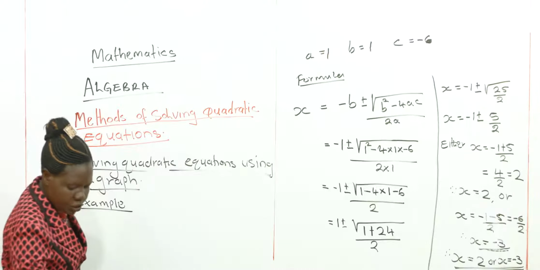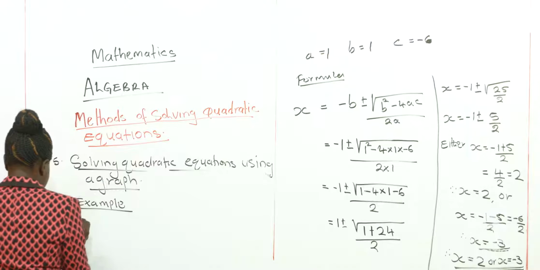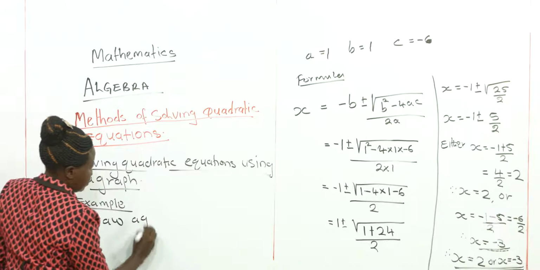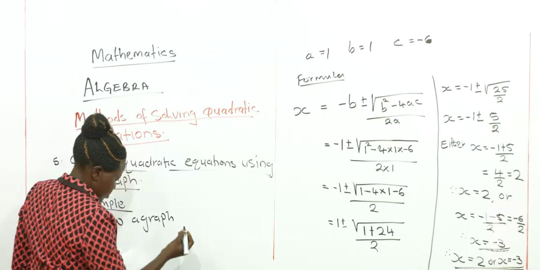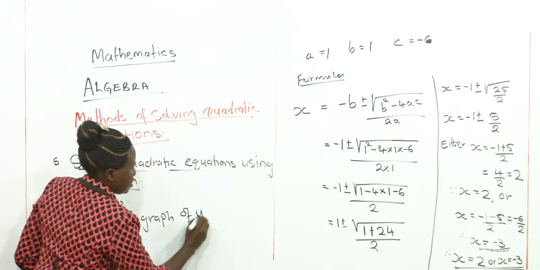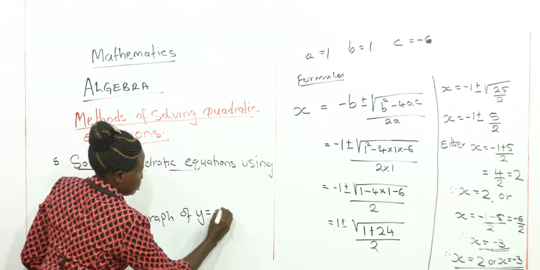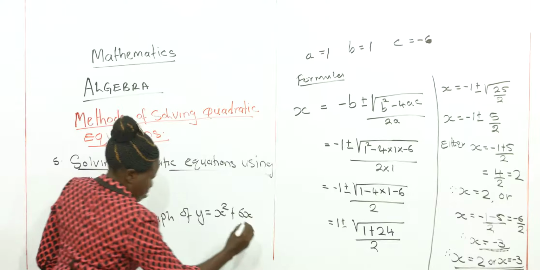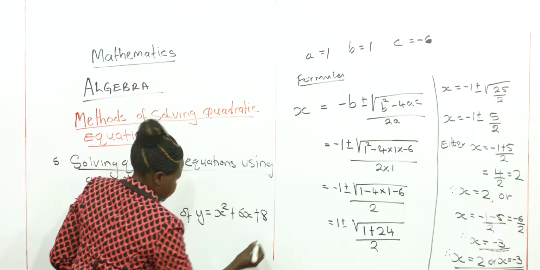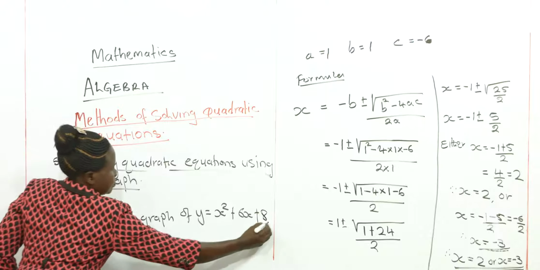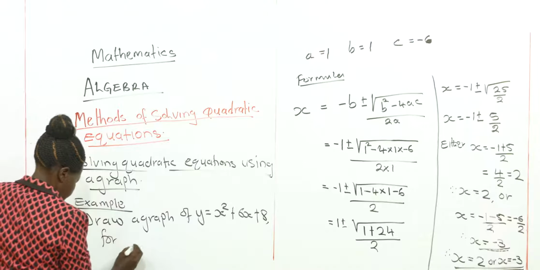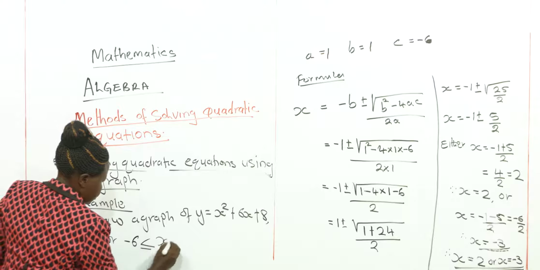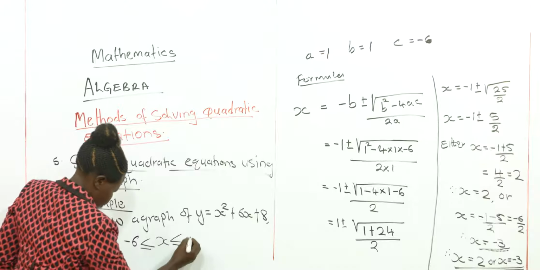The example says, draw a graph of y equals x square plus 6x plus 8, for negative 6 is less than or equal to x, which is less than or equal to 1.